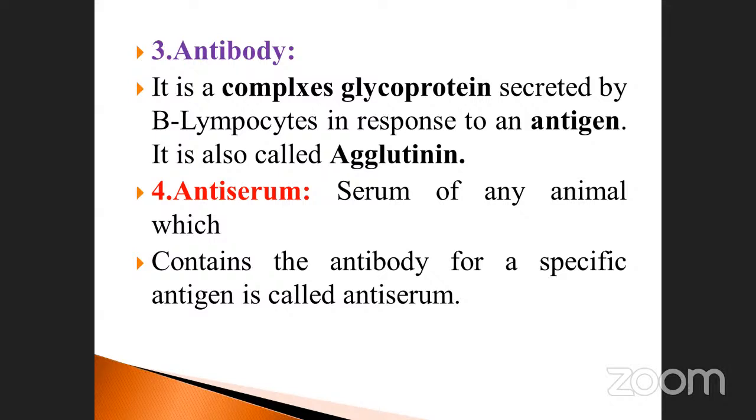After one or two weeks, they collect the samples from the affected animals and centrifuge them. They identify the antigen and antibody. That is called anti-serum. After the isolation, it is tested many times, and then finally it enters the market for commercial purposes.